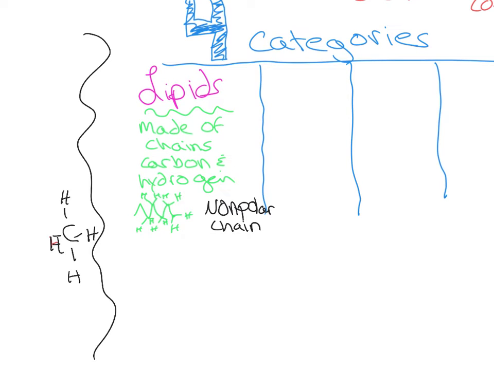Is it going to want to be attracted to water? Think about your water. No, it's not. Remember, water is polar, and polar molecules like other polar molecules. Remember how we were mixing them together? If they didn't mix, it was because it was non-polar. So if you don't know that, go back into your notes.